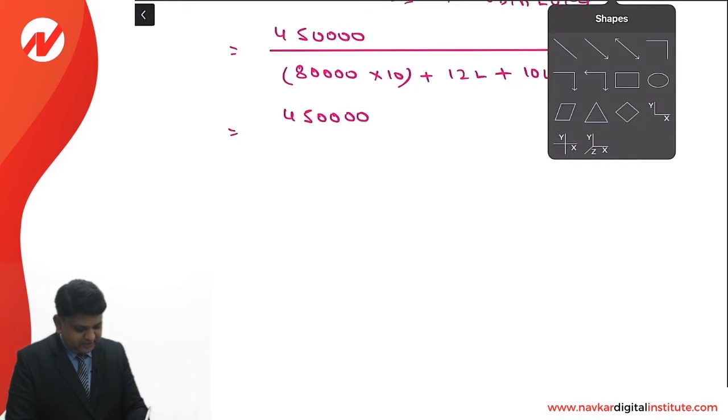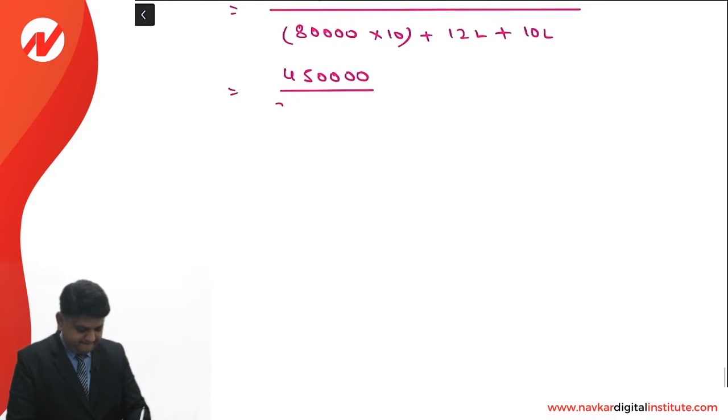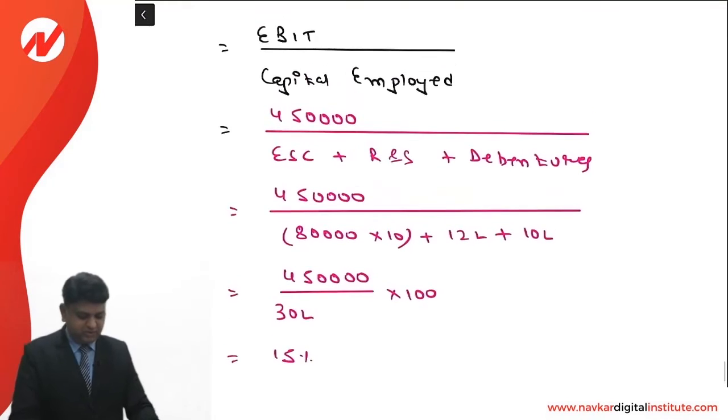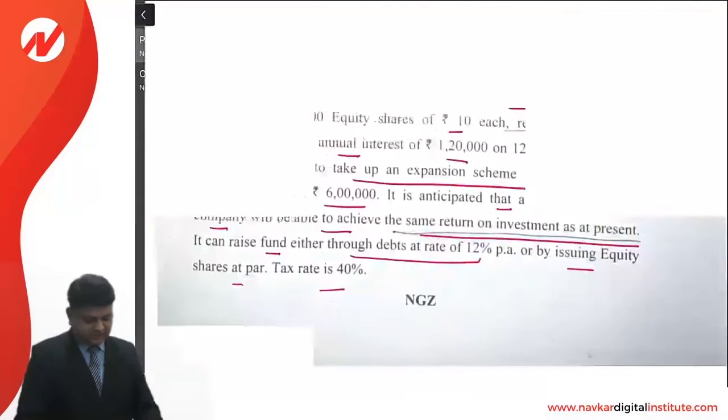So 4,50,000 divided by 8 plus 12, 20, 20 plus 10, 30 lakhs, into 100 to get the answer in percentage terms, that comes to 15%. So this is the rate at which we are going to earn even on the additional investment of 6 lakhs.